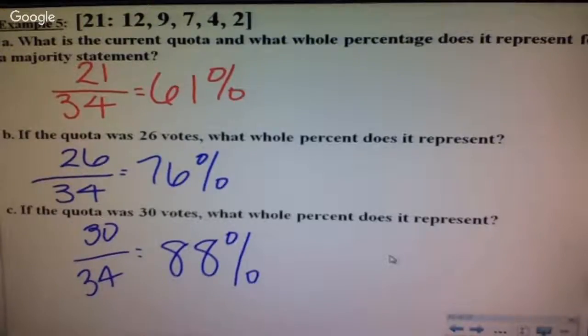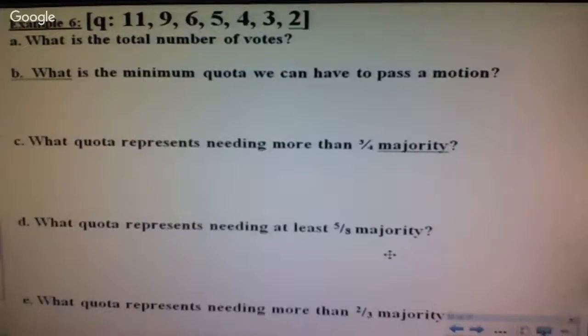That's 88% of your vote. Okay, you got it. Let's look at example 6. What's the total number of votes here?